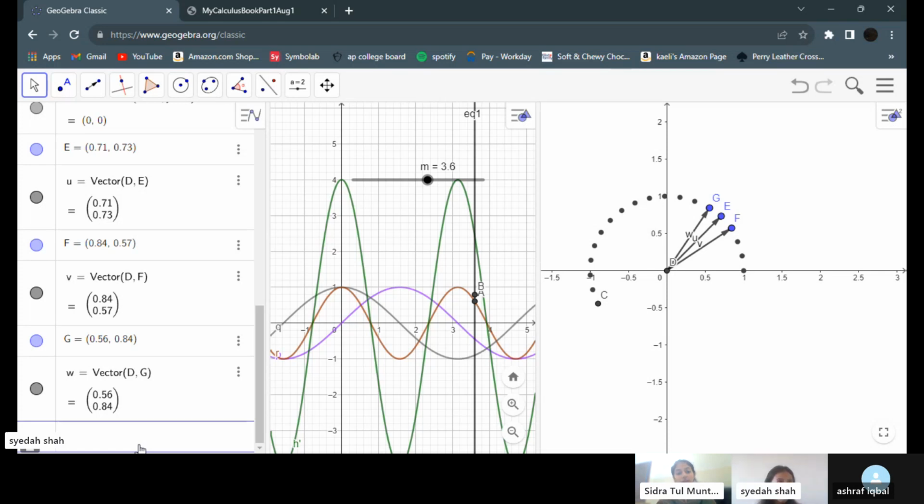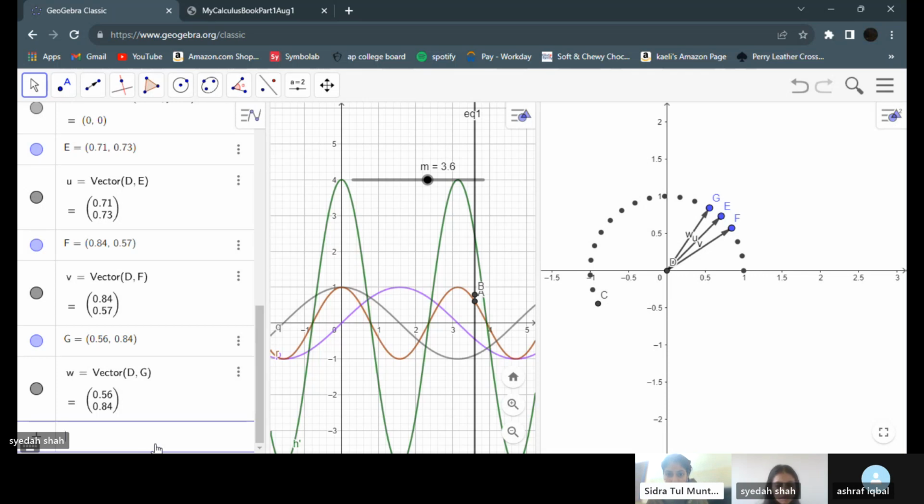Okay, so now you are going to write. Now take the difference of two vectors.